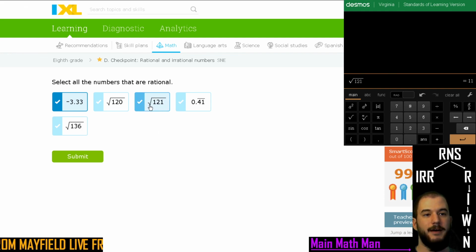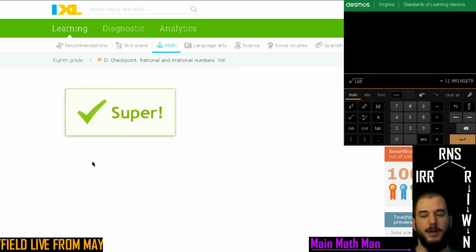Again, any values that when we take a square root of it, if we say, hey, 11 is an integer, we know that's rational. We have a repeating decimal, and let's check that last one. Let's do that square root of 136. That's not rational. Let's go for crossing the finish line, and you better believe it, dominated again.